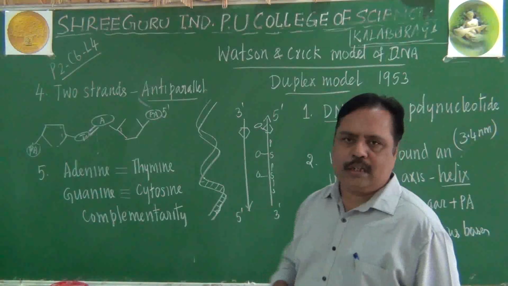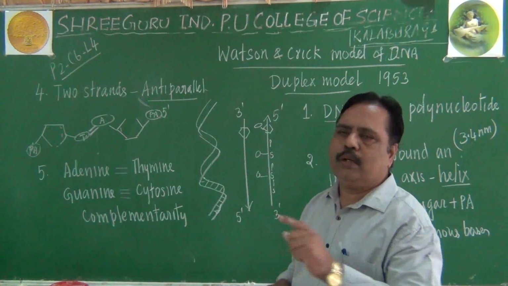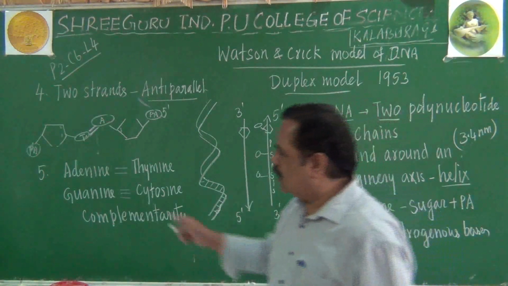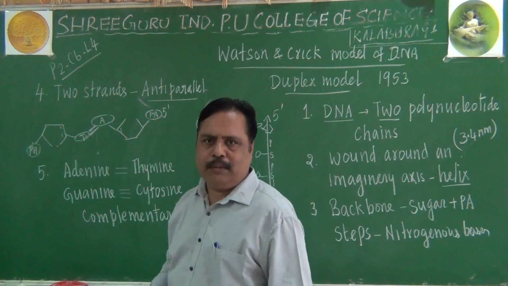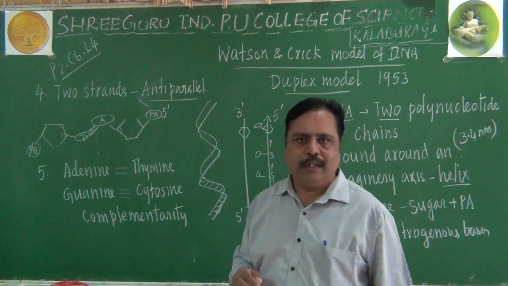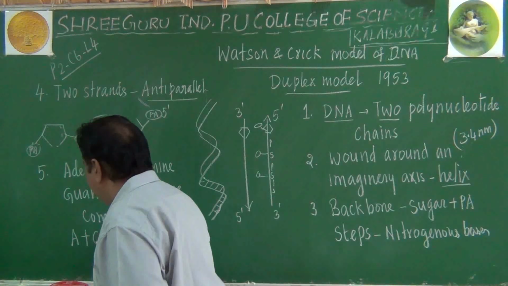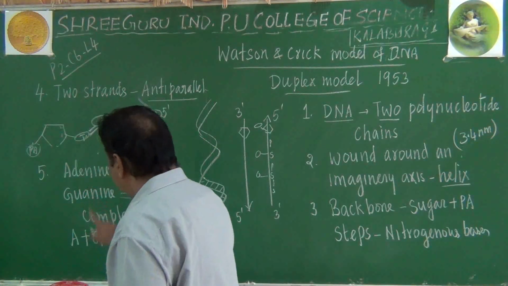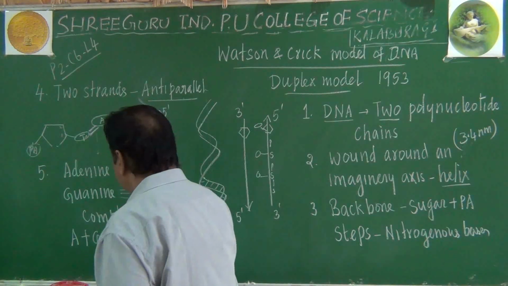Just now I told you about Chargaff's rule: the number of purines is equal to the number of pyrimidines. Remember students, adenine and guanine are purines. You may be recalling that. Cytosine and thymine are pyrimidines. So I can write one formula here. Adenine and guanine will always be equal to thymine and cytosine.